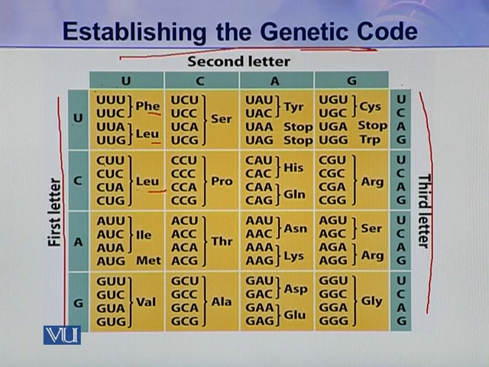Similarly, AUC and AUA code for isoleucine, and so on. So here in this table you can see these amino acids. Almost all the amino acids are coded by more than one type of codon.